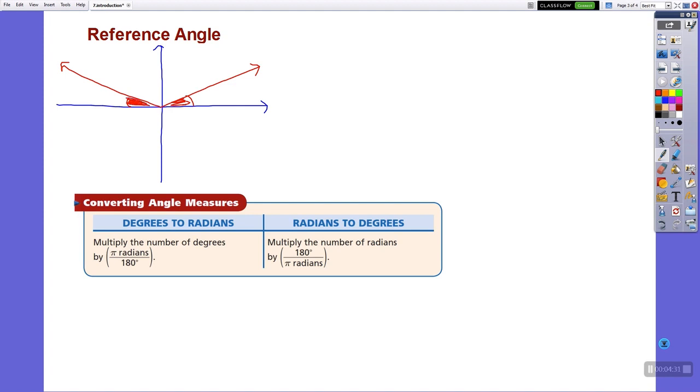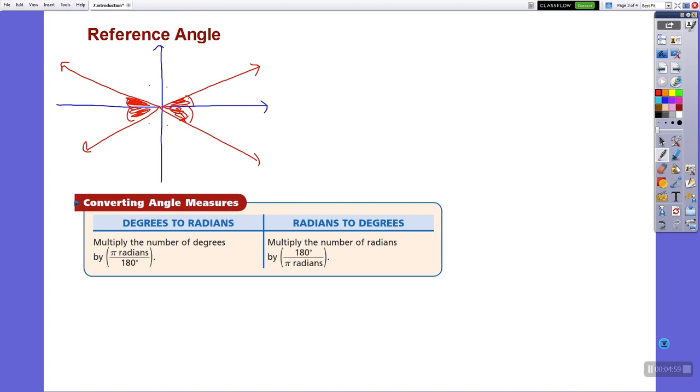It's adjacent to the x-axis. In the third quadrant, here is the reference angle. In the fourth quadrant, here is the reference angle. So your reference angle is always adjacent to the x-axis. Be sure that you are not taking these parts of the angles. You are going to take the angles that are located next to the x-axis.